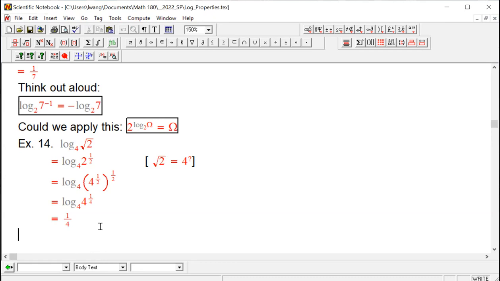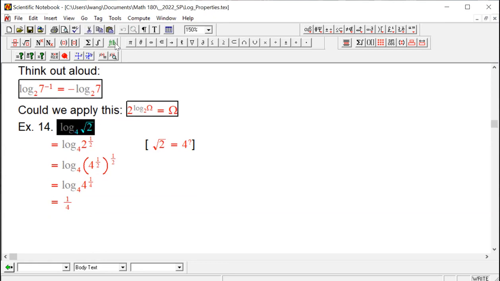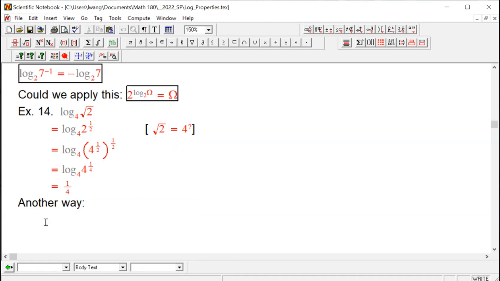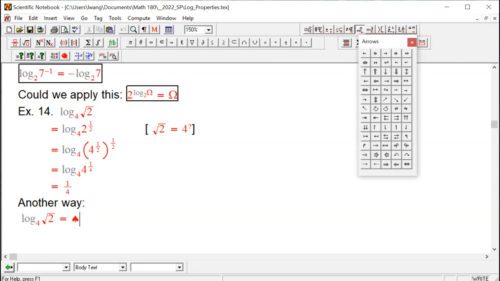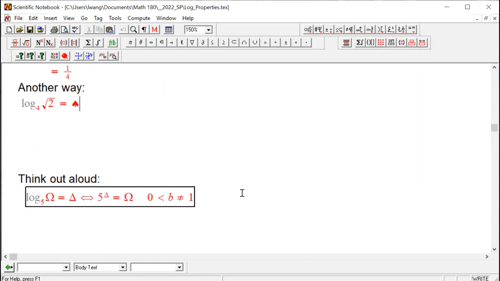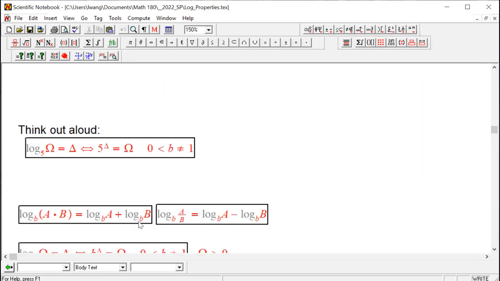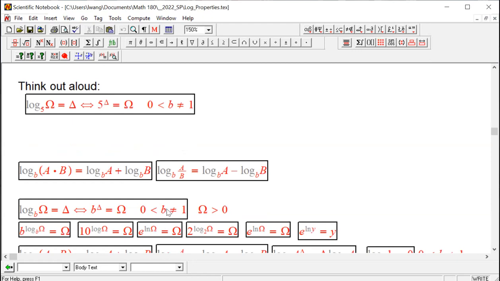I can see that some of you may like to do it the other way, using the definition. Which is fine. You are going to introduce a symbol. Say this time I'm going to use spade. And by definition, let's bring the definition with us. Don't we love our definition?